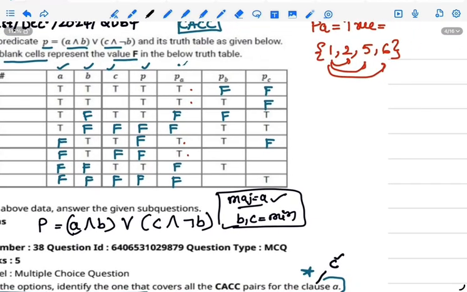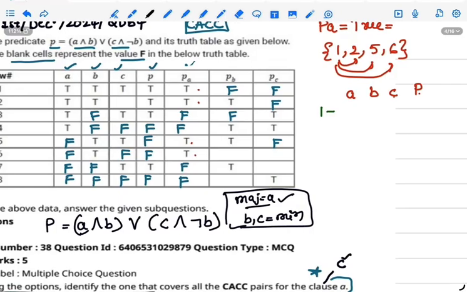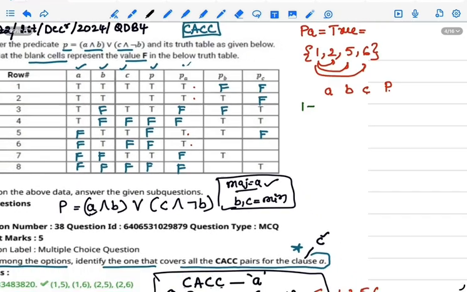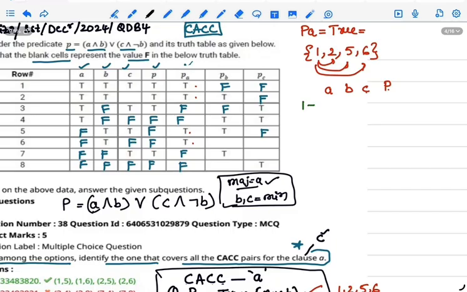The first one is A, B, C and P, where clauses A, B, C and P is the predicate. This one, all are true: true, true, true, true.